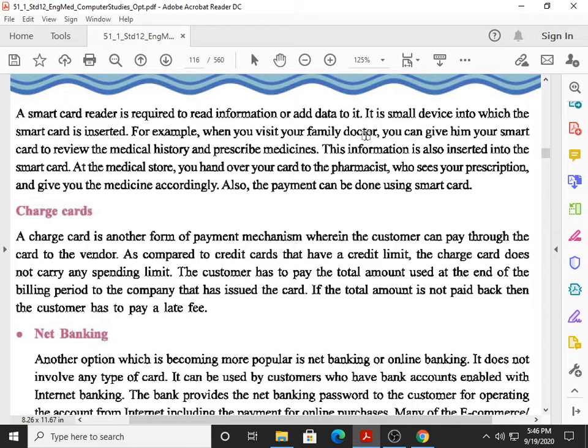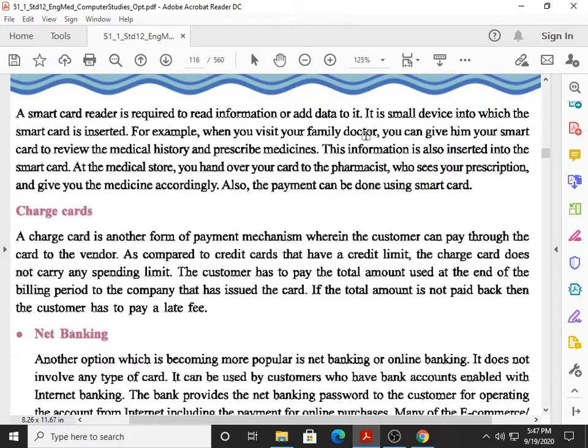For example, when you visit your family doctor, you can give him your smart card to review the medical history and prescribe medicine. When you visit your family doctor, at that time smart card is very helpful. How? Because the doctor will record and store all your medical history and the prescription of medicine in the smart card.